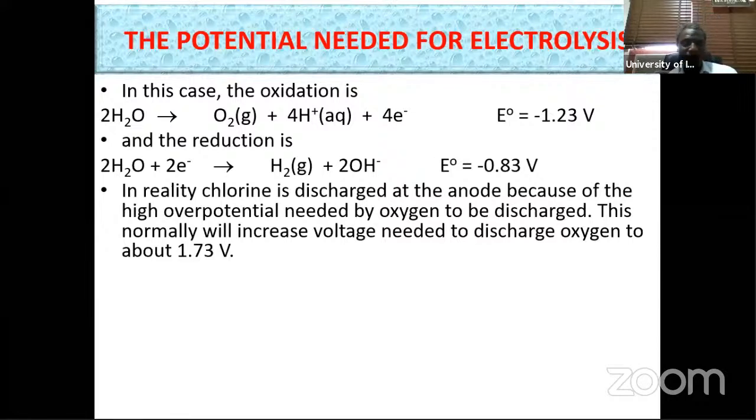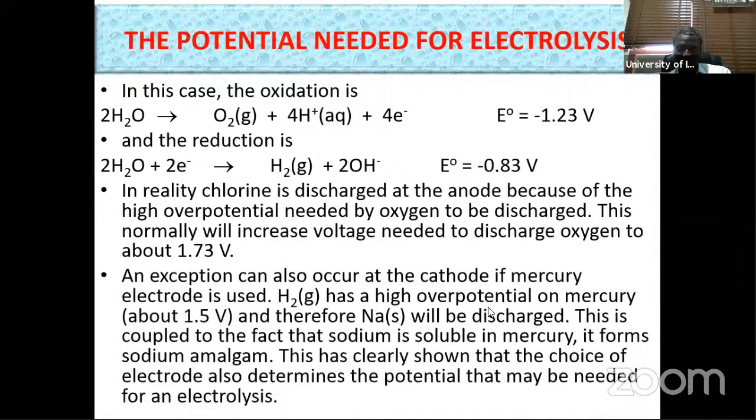And this will normally increase the charge that you need to discharge oxygen to 1.73, which is greater than what you have before. So you can see now the reason why you are not having this and you are having chlorine. That is because of overpotential created by oxygen in this case.